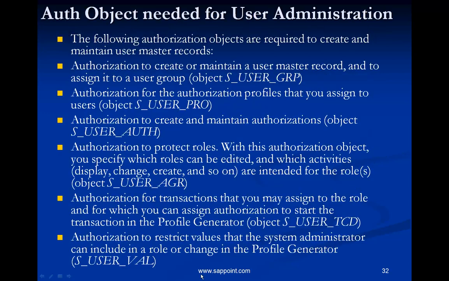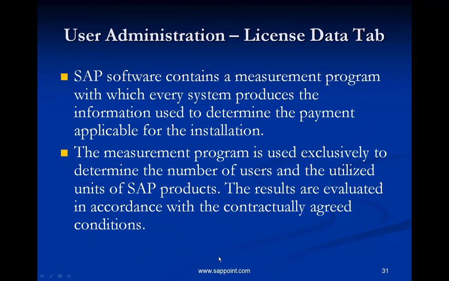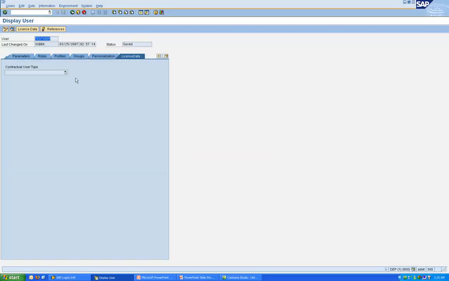So this piece of information, when you input and specify it here, is used for licensing purposes. SAP licenses the customers depending on how you have identified this user as per the license agreements between SAP and the customer. So this has to be filled in very carefully.